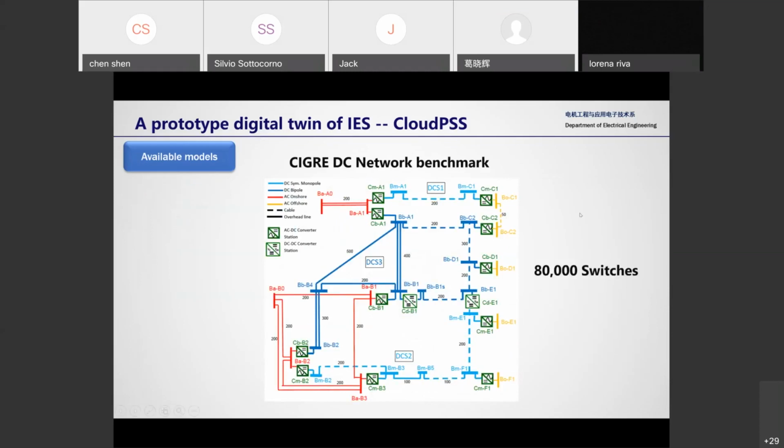Here, different color parts represent different AC/DC power networks with different voltages. I want to mention that this model has more than 80,000 switches, and Cloud PSS can simulate the dynamics of this system without any difficulty.